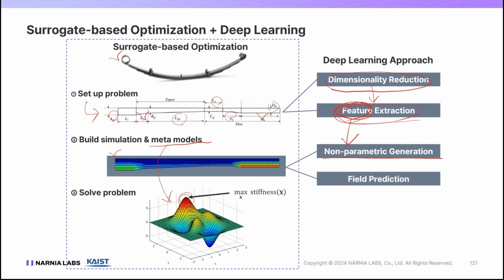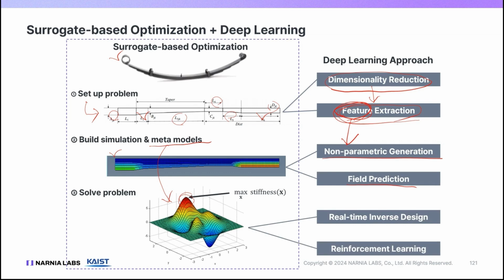The simulation results are then used for training, and unlike traditional methods, this allows for predicting fields, or even highly nonlinear or time series data. Building upon the foundation of that, by utilizing the power of inverse design, you can automatically generate the specific design you are looking for in real time. Or you can alternatively use reinforcement learning to make the entire process of finding such solutions significantly more streamlined and efficient.